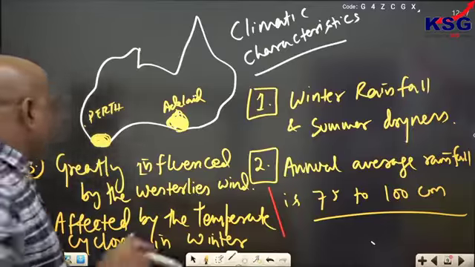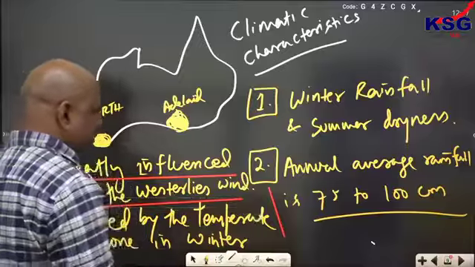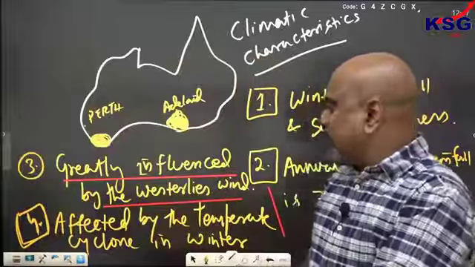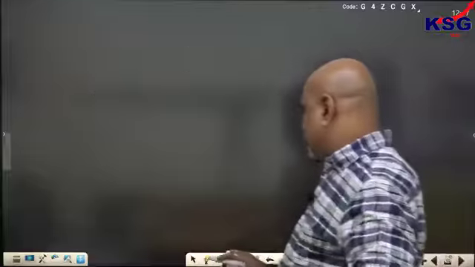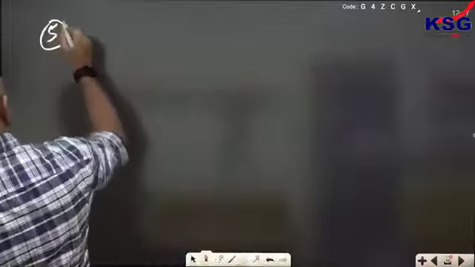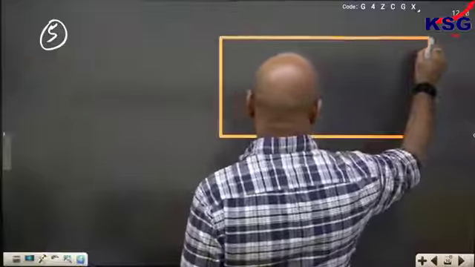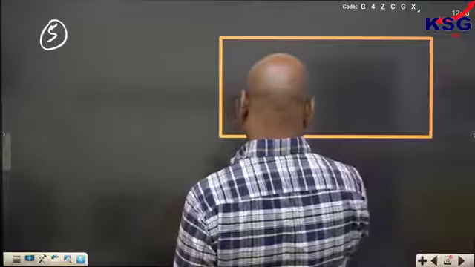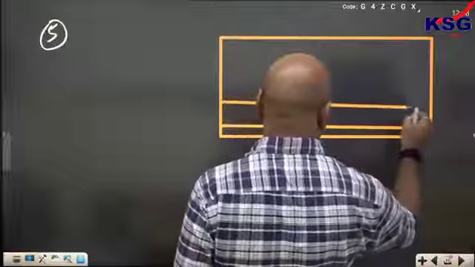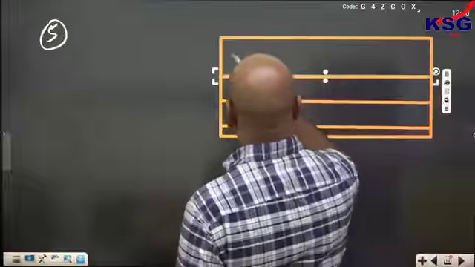Greatly influenced by the westerly wind, I have said. Why? If you remember that box, in the winter season it is influenced by the westerlies. Fifth point. Do you remember that box? Box को देखो आपको याद हो जाएगा. 30°, 45°, 60°.